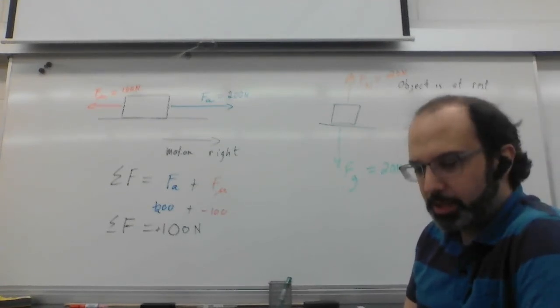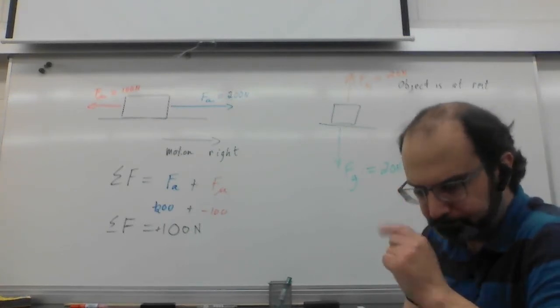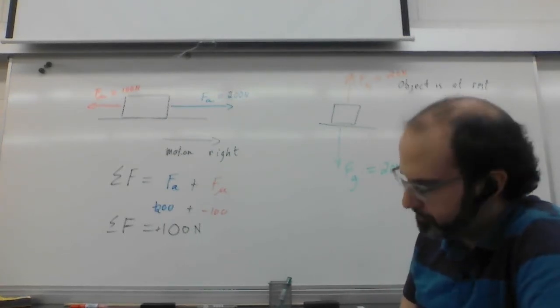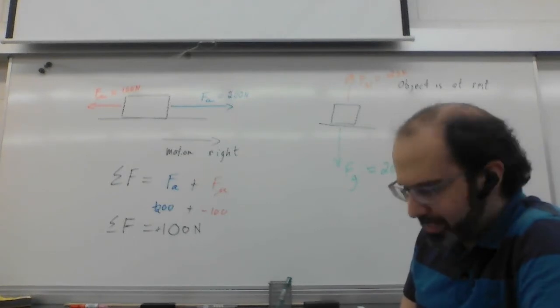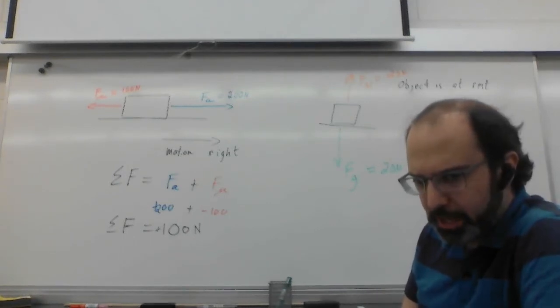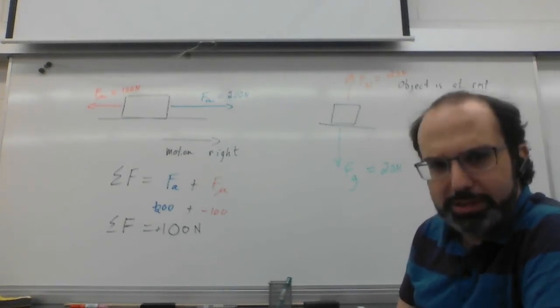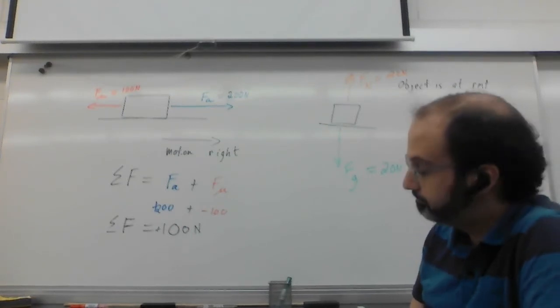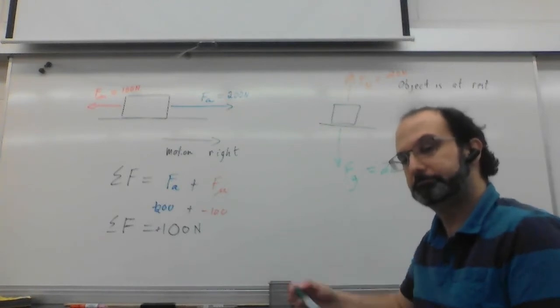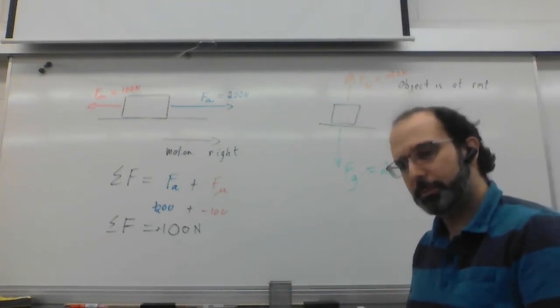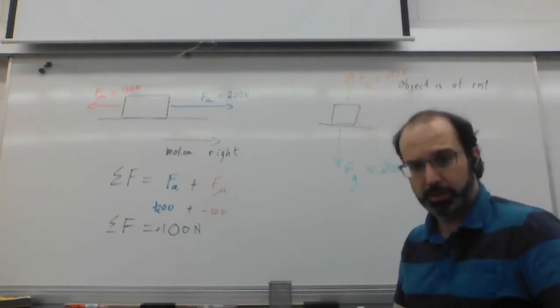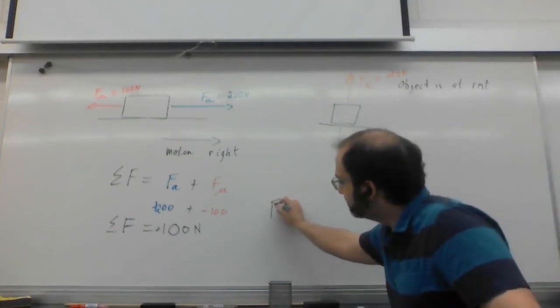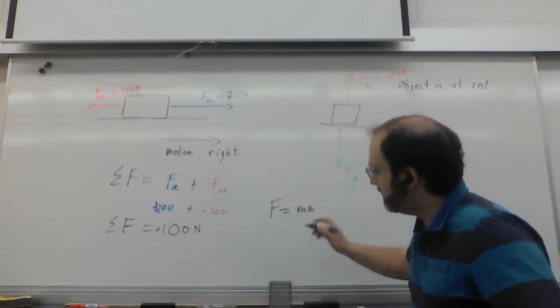Gravitational acceleration. Acceleration. Where does acceleration come up in this unit? When did we see an acceleration? It just showed up just a little bit earlier. Remember? Newton's second law. F equals ma.